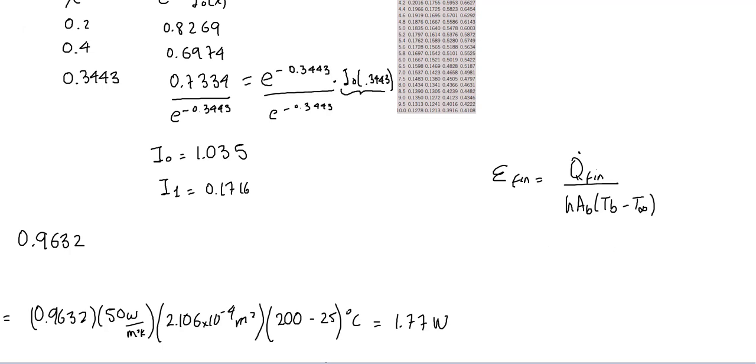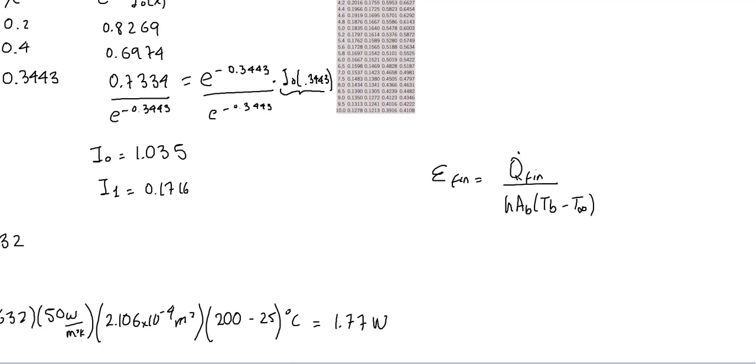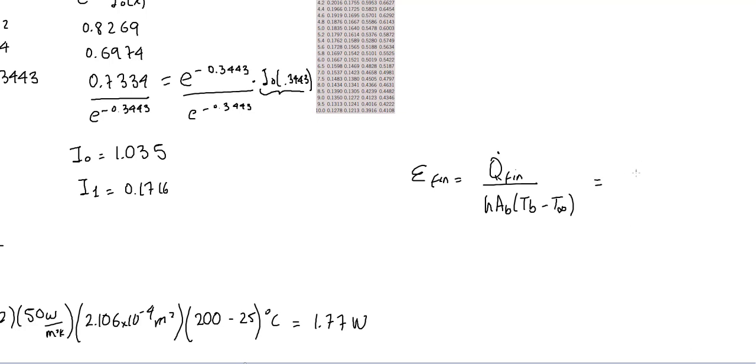Okay, so we substitute the values that we have over here. So we have Q of the fin, we calculated already to be 1.77 watts, and h we have 50 watts per meter square Kelvin. The area of the base is a circle, so it's pi over 4.